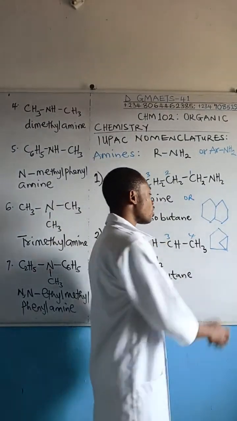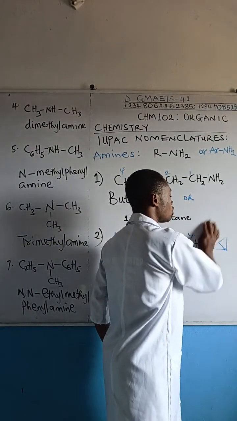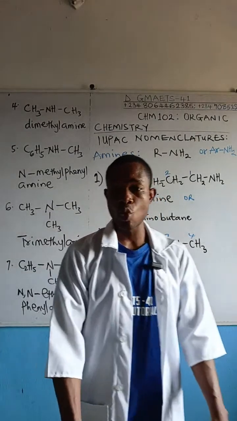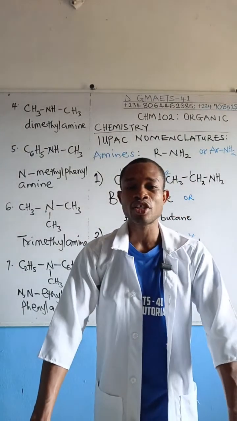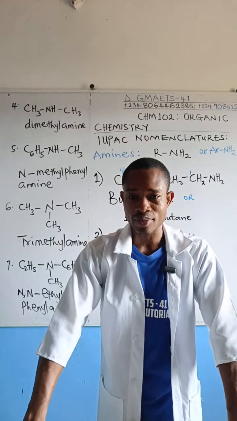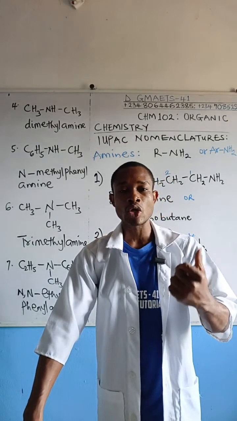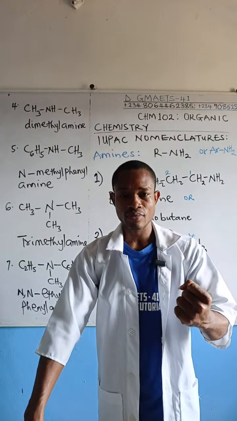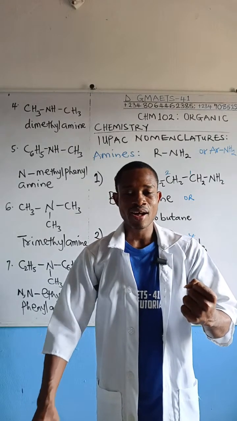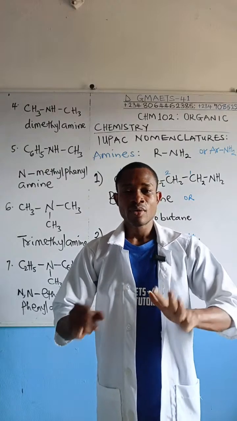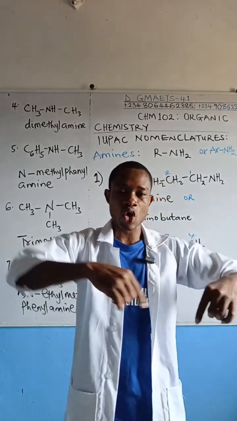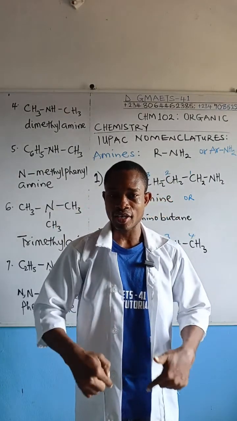I am done conquering all the 14 homologs you are meant to deal with in your Chem 102. The IUPAC nomenclature should no longer be your problem: alkanes, alkenes, alkynes, alkanols, alkanals. And for alkanols, I have pre-recorded video lessons on them in this channel.